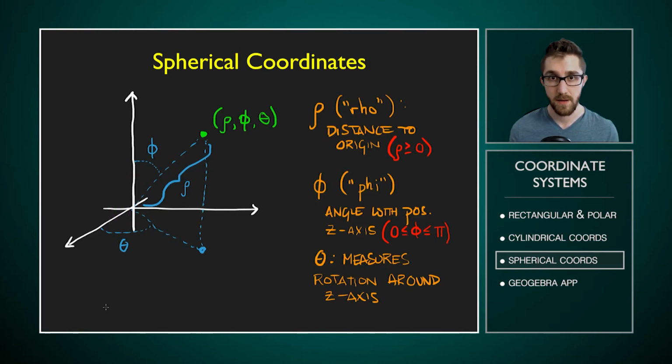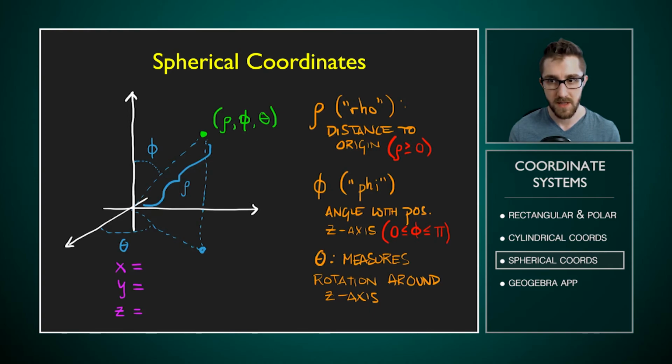Okay, one last thing. Just like with the other coordinate systems, sometimes we're going to want to convert between them. And we only tend to do this conversion one way, which is if we know the spherical coordinates of a point, if we know rho, phi, and theta, then occasionally we're going to want to be able to figure out what x, y, and z are in terms of rho, phi, and theta.